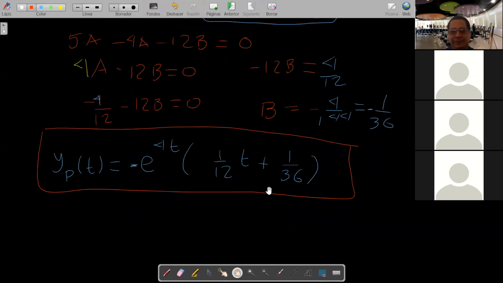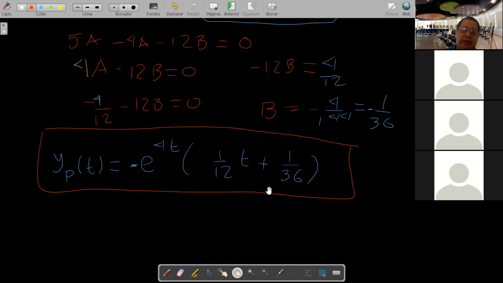And we are done. This is the particular solution for our given ODE, where the forcing function is a product of an exponential times a polynomial.